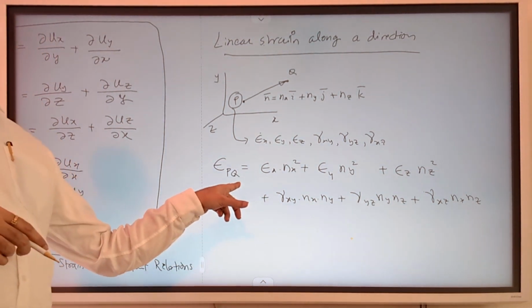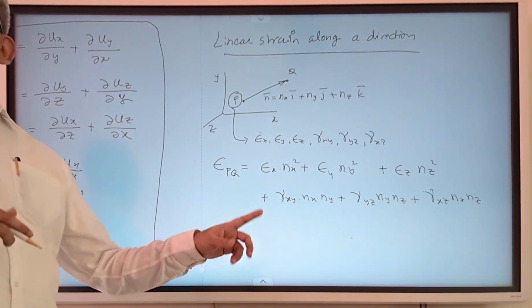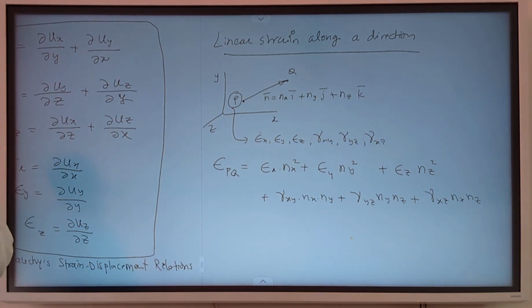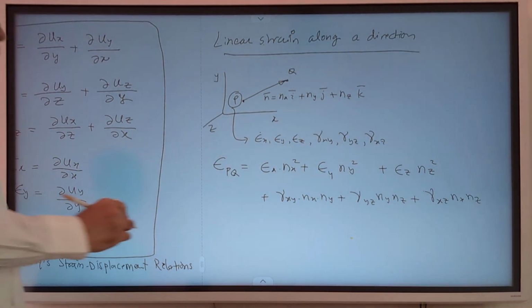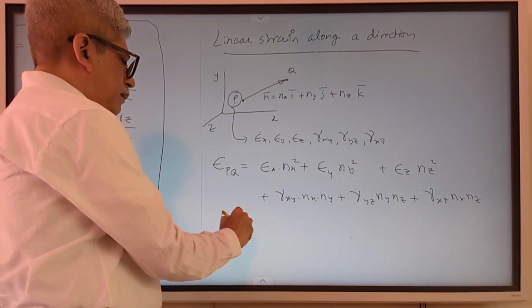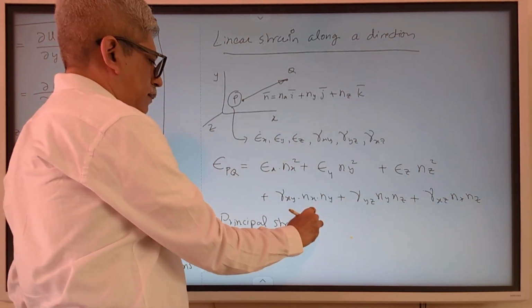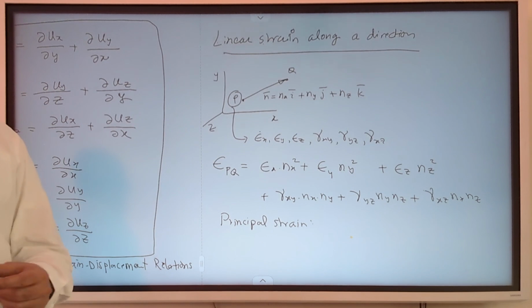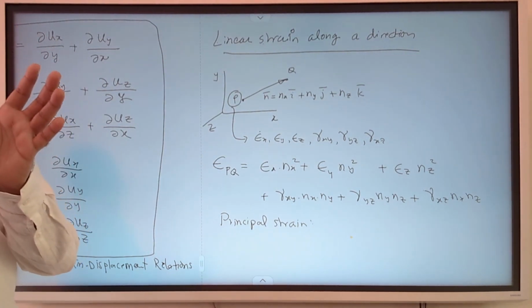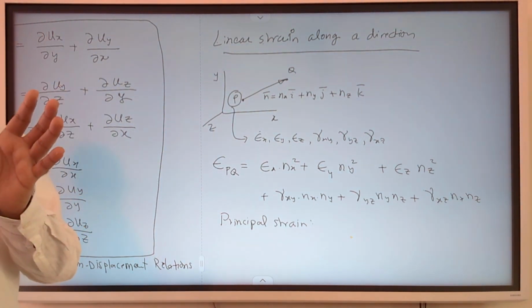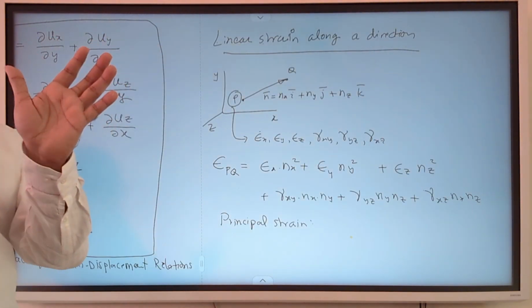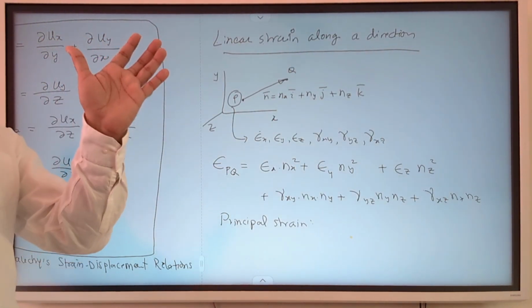The utility of this expression, as I said, is in determining what are called principal stresses, in this case the principal strains. So what is a principal strain? For the given strain state at a particular point, you can always find a particular direction in which the strain is maximum.